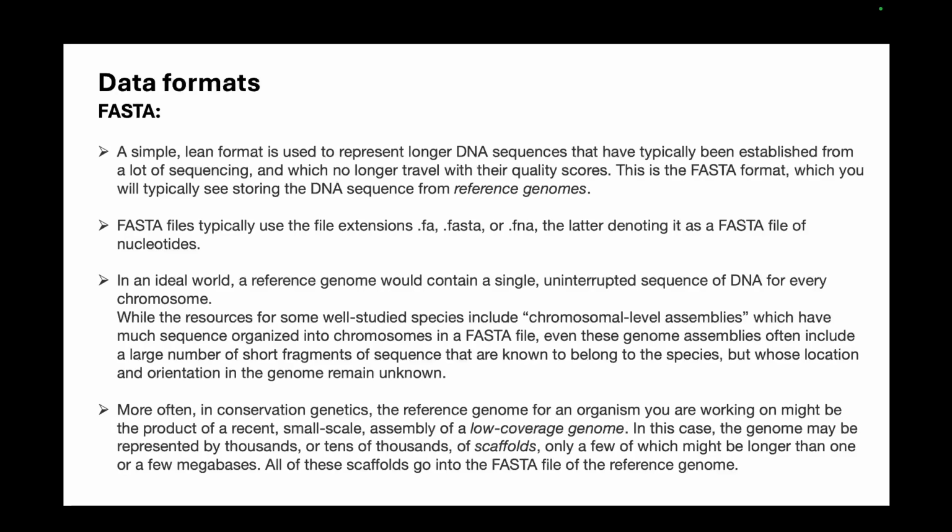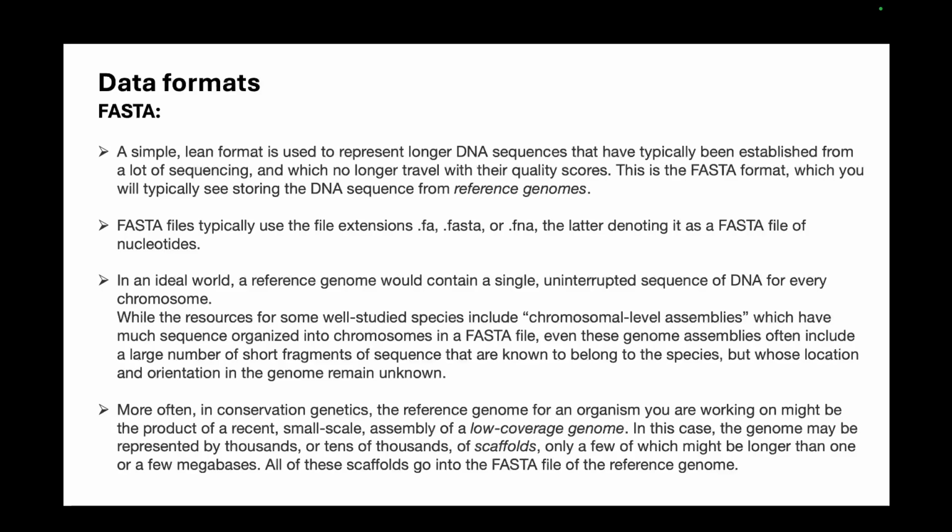As I was saying, if you go back to that scenario where part of your genome has been deleted or duplicated, you'll have the reads, but you will not know where these reads came from. It's a similar situation here.